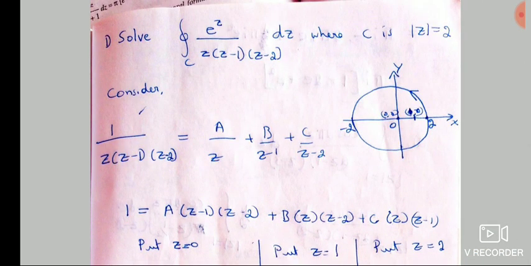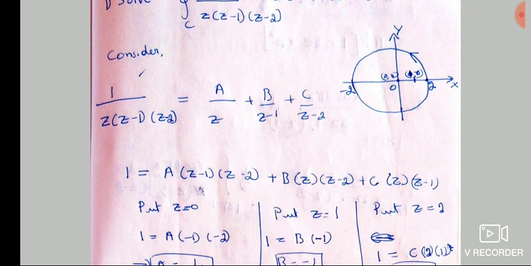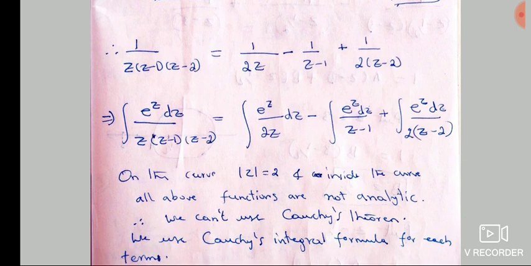If you remember Cauchy's theorem, the statement says f of z should be analytic inside the simple closed curve and on that closed curve. But here at point 2, which is on this curve, it is not analytic. So we cannot use Cauchy's theorem even here.